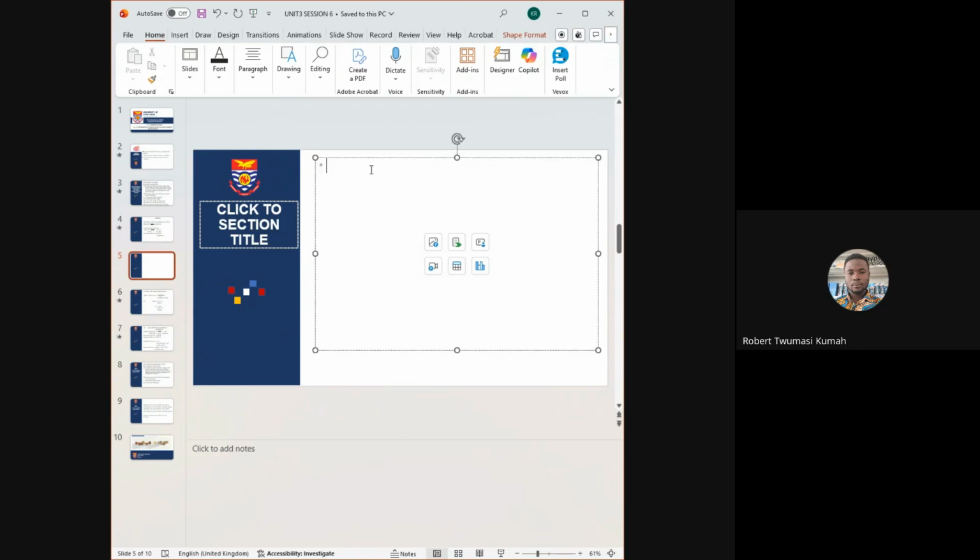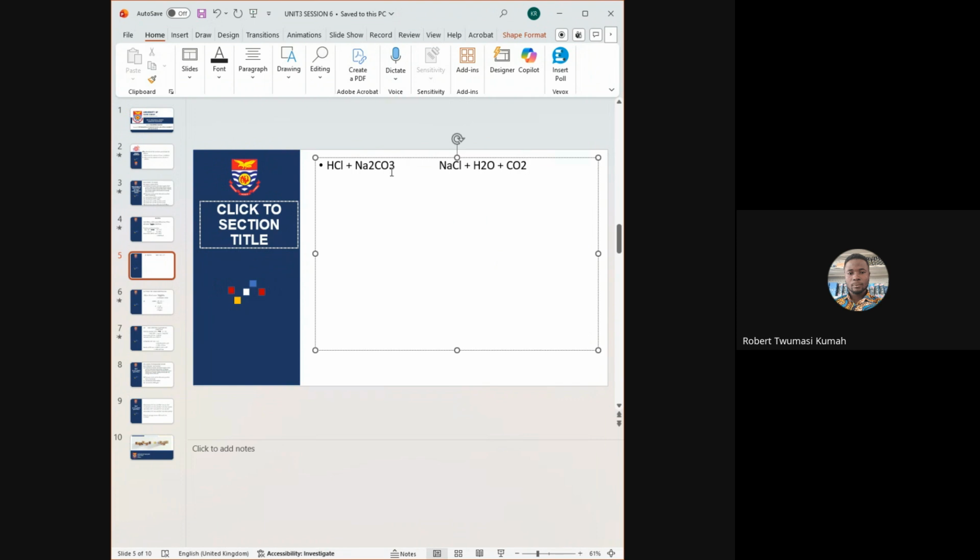So let me write an equation here. Let's say that we have something like HCl plus, let's say, Na2CO3, giving us NaCl plus water, H2O, plus CO2.